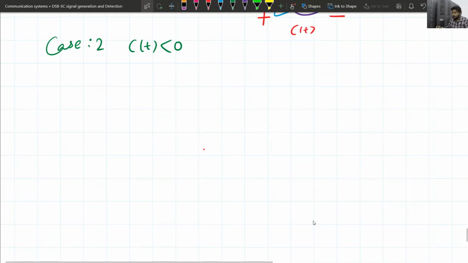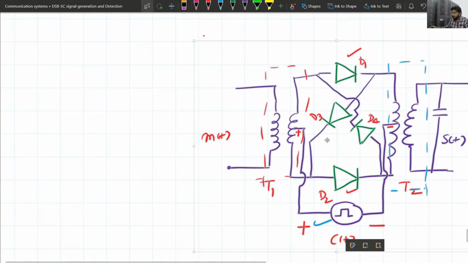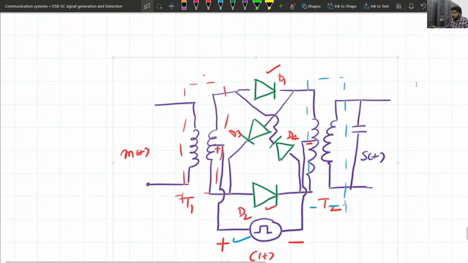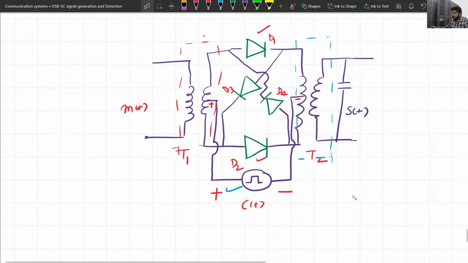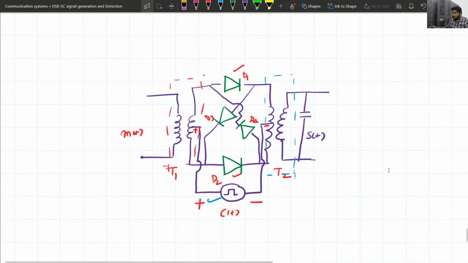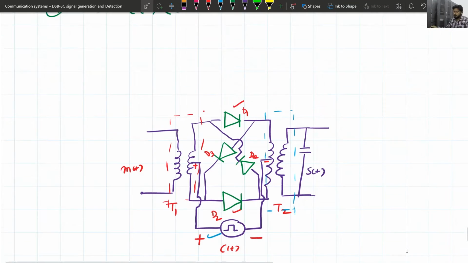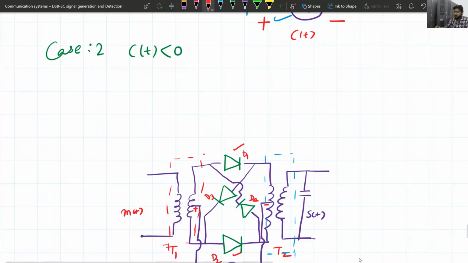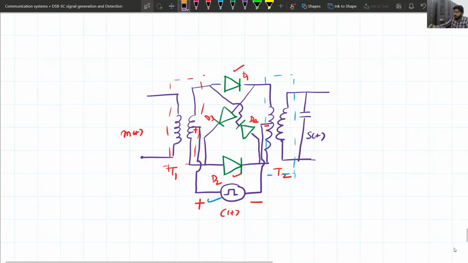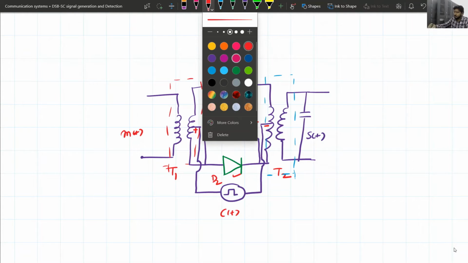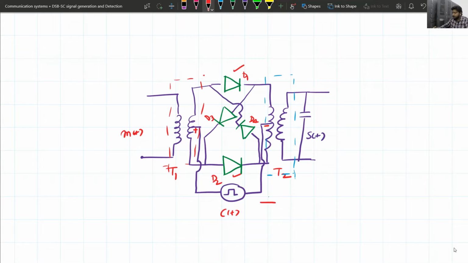Once again redrawing the circuit, when c(t) is less than 0, the polarity will be reversed: this end will be plus, this end will be minus.